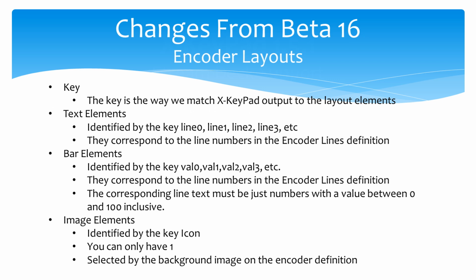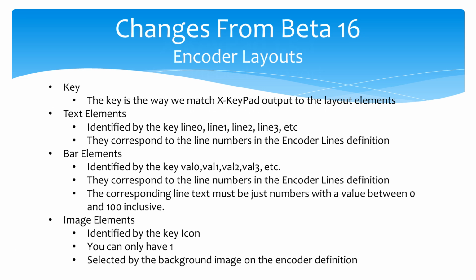Bar elements are the built-in progress bars that the Stream Deck SDK supports for the layout on the encoders, and they're identified by the keys val0, val1, val2, val3. Now, this is a little obtuse the way I did this, but effectively, those value numbers are exactly the same as the line numbers in the line layout.